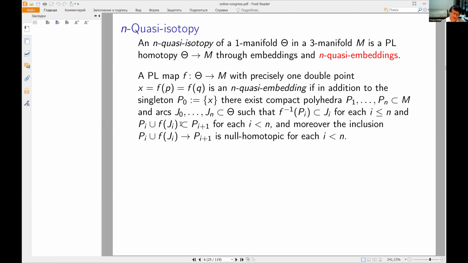And also the polyhedron Pi lies in Pi+1. And finally, the inclusion of both of them in Pi+1 must be null-homotopic.